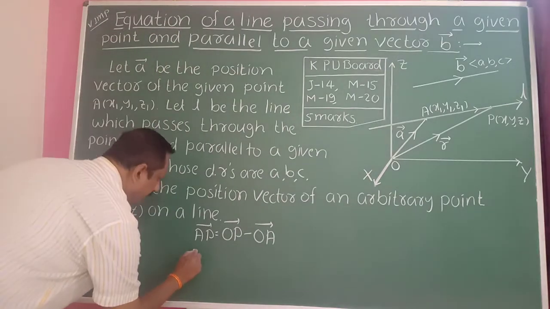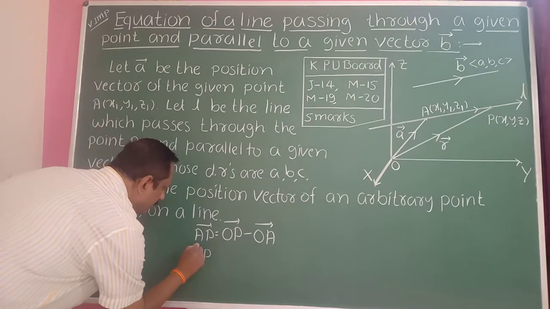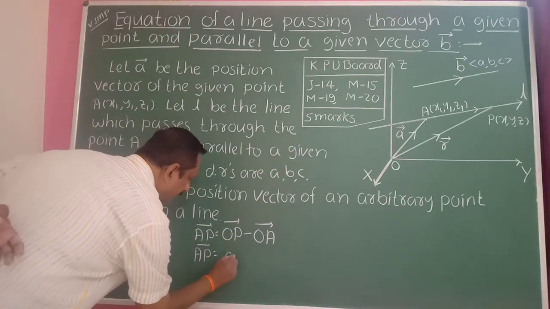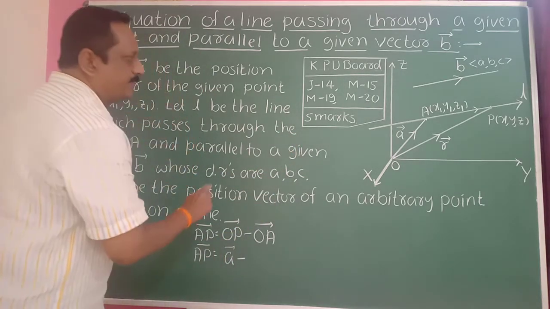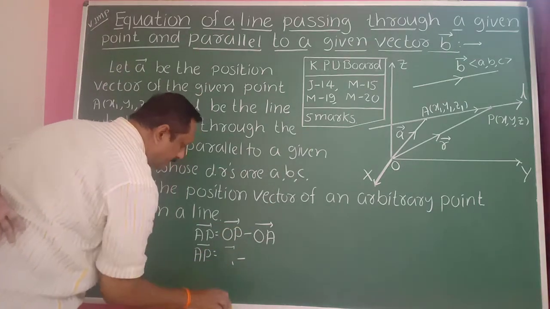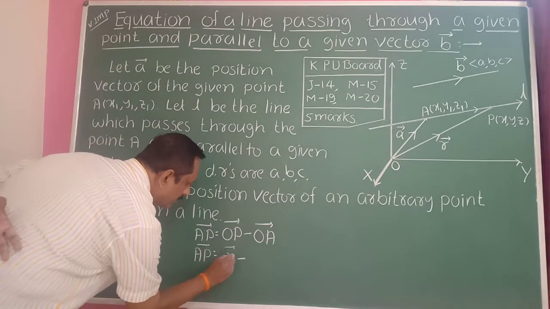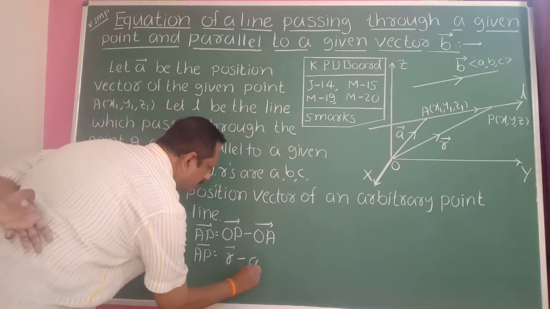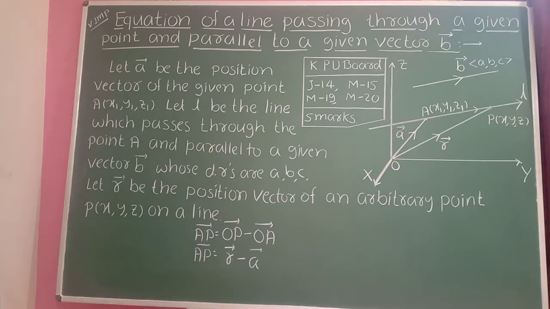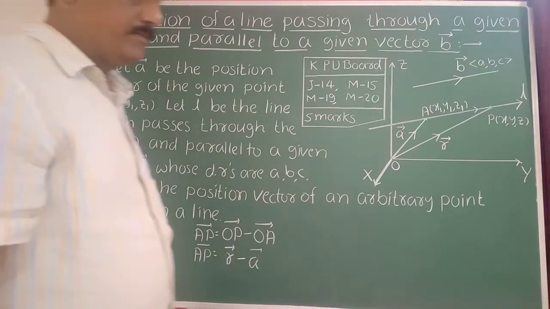Hence AP bar is equal to OP bar minus OA bar, where OP is r bar and OA is a bar. So AP is equal to r bar minus a bar here.